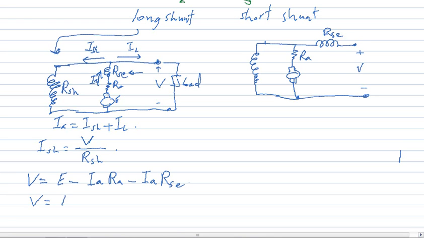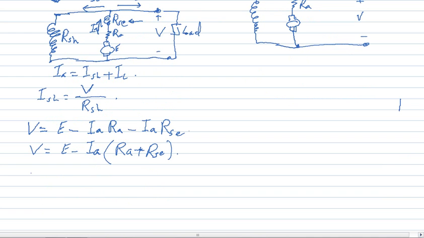Then V is equal to E minus, I will take IA, the armature current, as a common factor, and then it will remain RA plus R series.